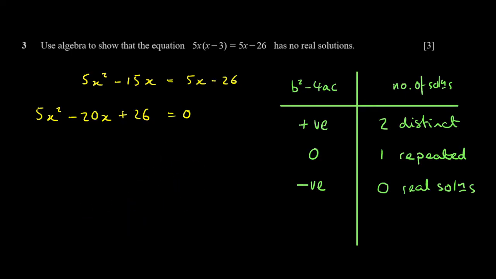Okay, so in this particular case, basically what we've got to do is calculate the discriminant. So b squared minus 4ac is equal to, b squared is negative 20 all squared, minus 4 times a, which is 5, times c, which is 26.